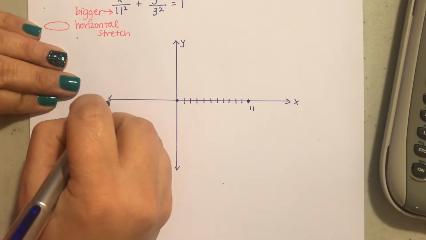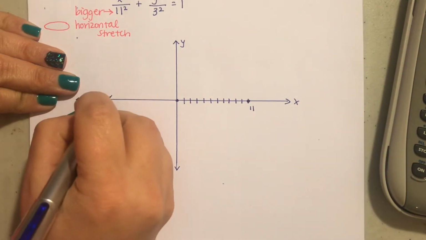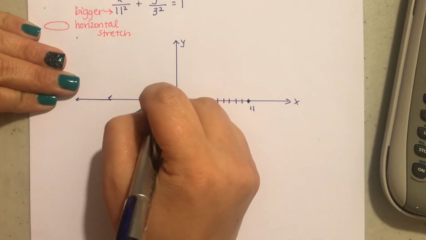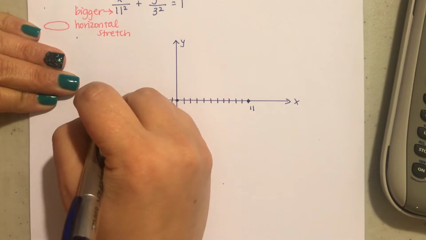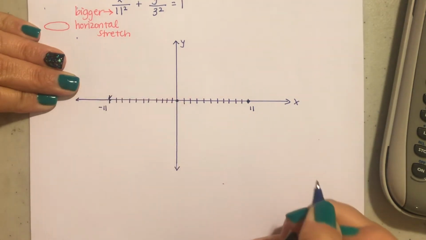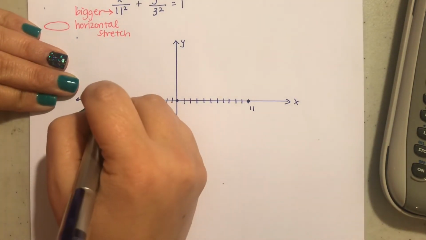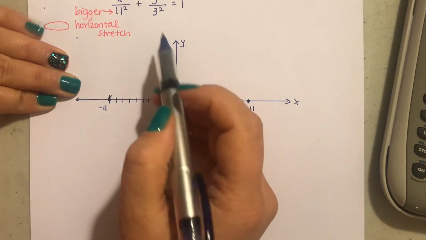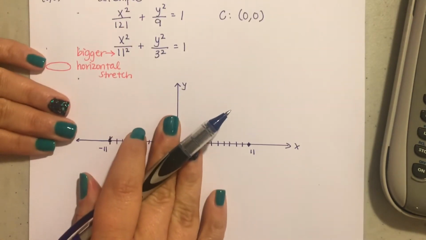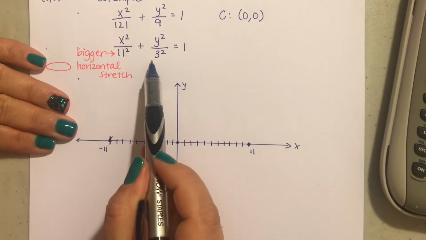I may not have left myself enough room here. 1, 2, 3, 4, 5, 6, 7, 8, 9, 10. We'll make 11, that piece that was an arrow a moment ago. That's our other vertex. We also know, because of this equation, we're going to go up and down 3.